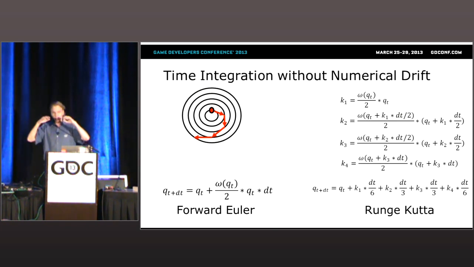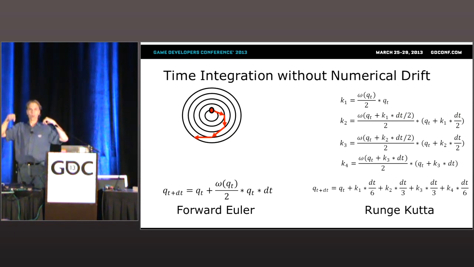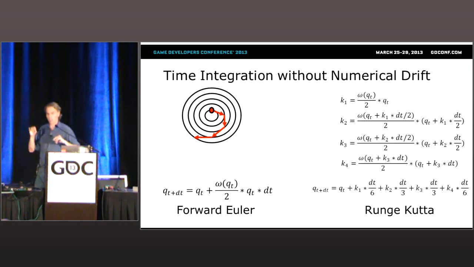So now instead, let's say I'm going to use a different approach to follow the path of a circle, using this Runge-Kutta technique. What you do is, you look down at the circle, you say, what's the tangent? Then instead of taking a full step along that tangent, you look half a step forward in that direction, look down, what's the tangent at that point, or the derivative at that point? Now you've got a new derivative.